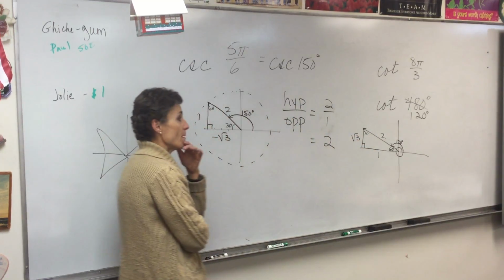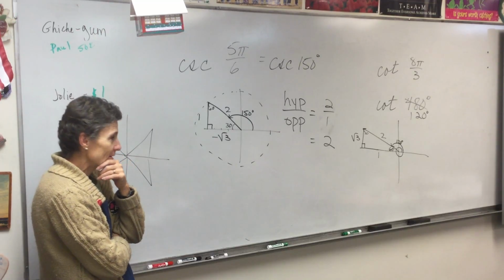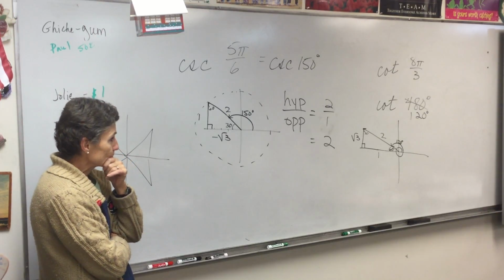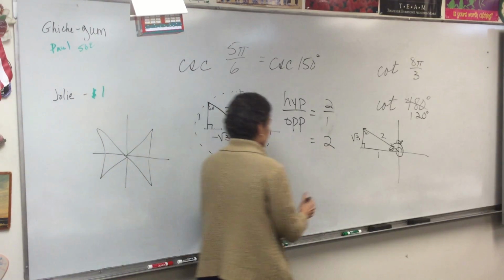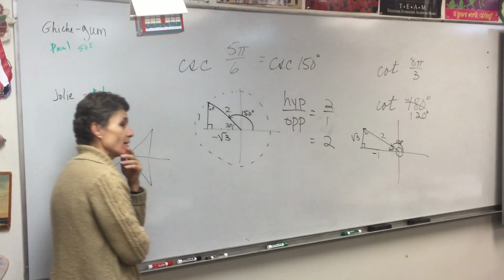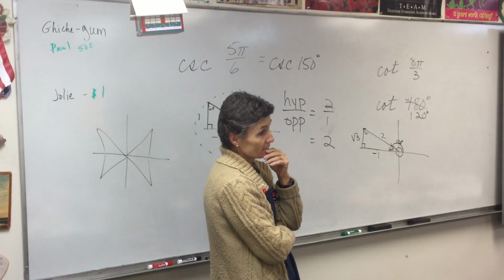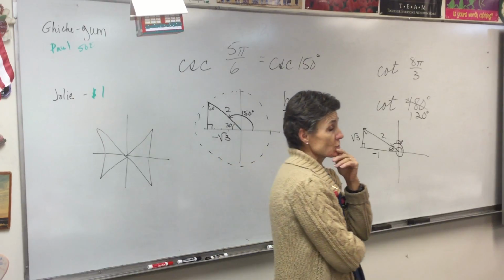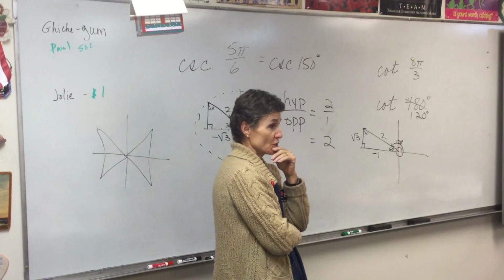Anything negative, remember, if you're not in quadrant 1, something's going to be negative. What's negative? The 1. Cotangent. I don't have that one memorized either, but I know it's the reciprocal of the tangent. So the tangent is Sohcahtoa, opposite over adjacent.